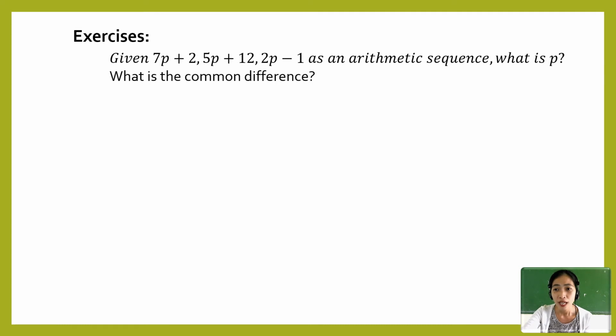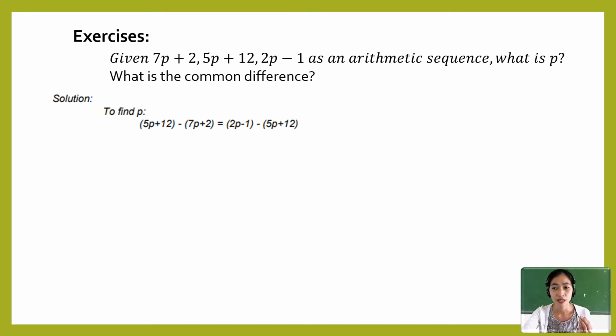Applying the process of getting the common difference, we shall have 5p plus 12 minus 7p plus 2, and that should be equal to 2p minus 1 minus 5p plus 12. We need to establish an equation so that we can solve for the value of p. Applying the concept of common difference, we can have this equation.